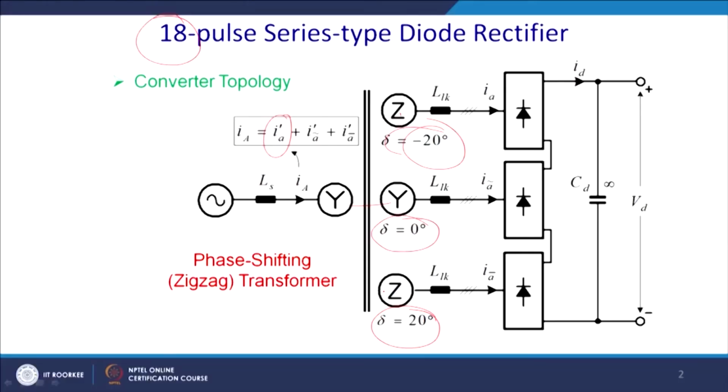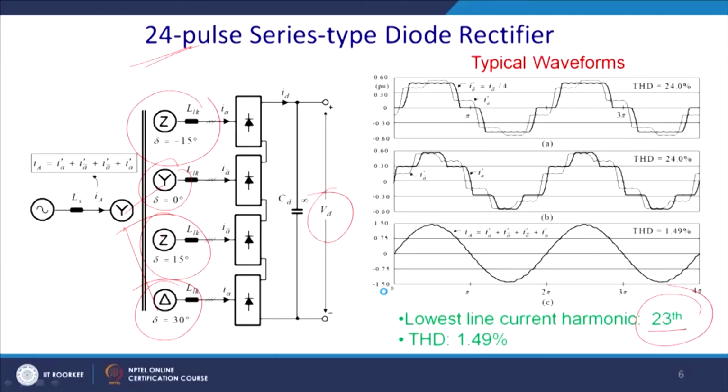Whereas if you go back to the 18 pulse converter, you require these two special transformers which give you the 20-degree phase shift. Thus, though it requires more component count, from the manufacturing point of view we do prefer the 24 pulse converter, because it eliminates all the harmonics from the fundamental up to the 23rd, and manufacturing is easy.